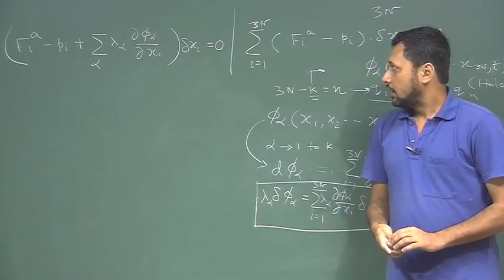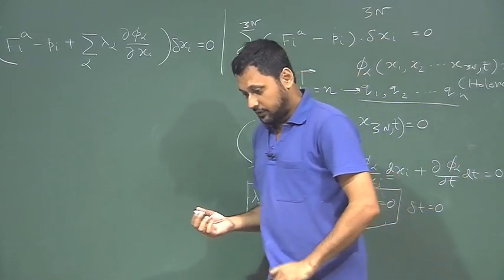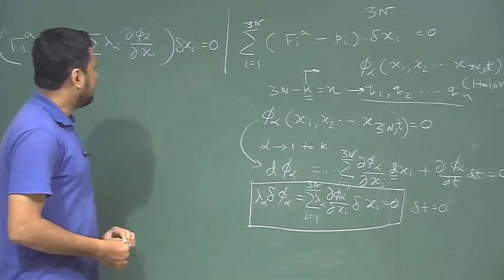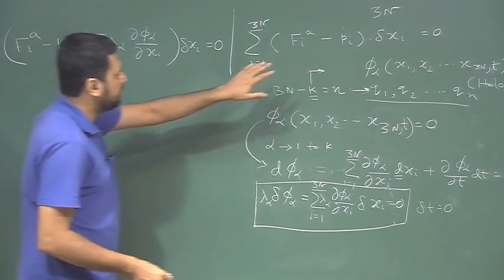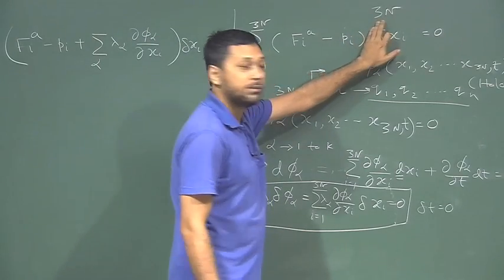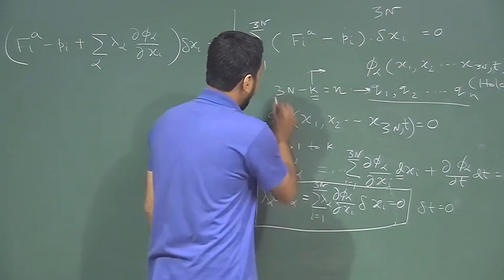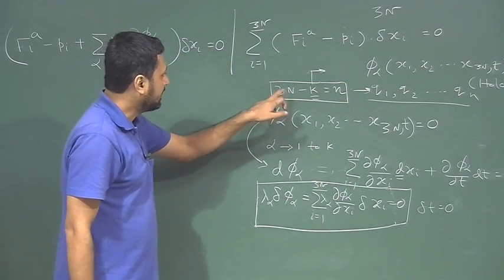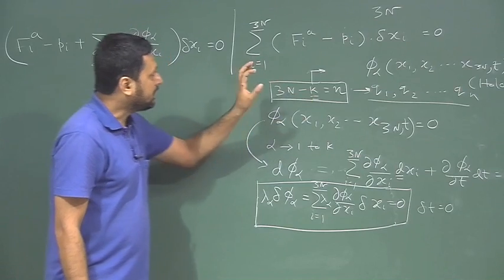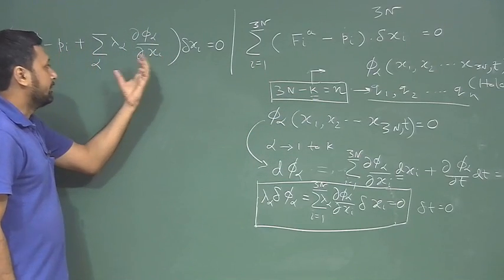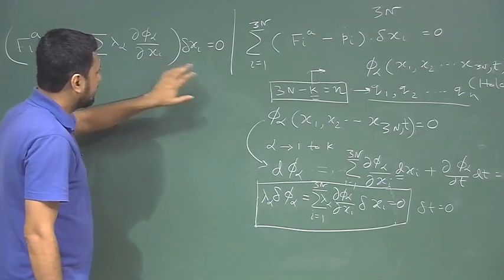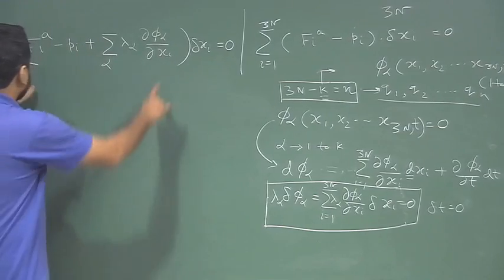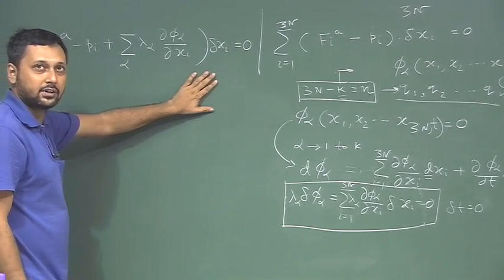But please remember that there are k such summations, and the bane of this equation was that we have 3n parameters in D'Alembert's principle, but the actual number of independent parameters is 3n minus k. If I can somehow get rid of k relations from this, and by the way, I am just switching to Einstein's summation convention.